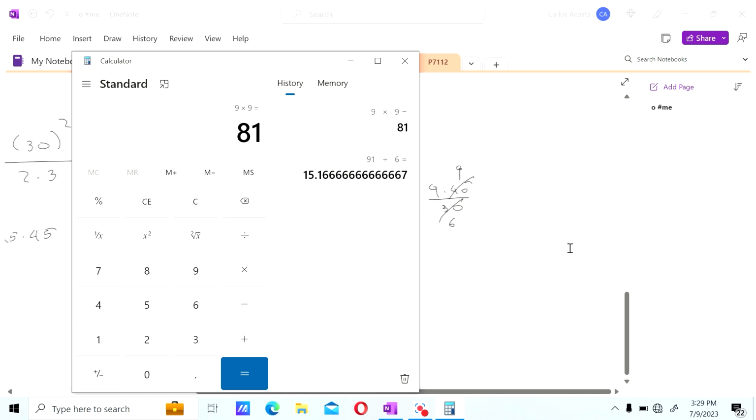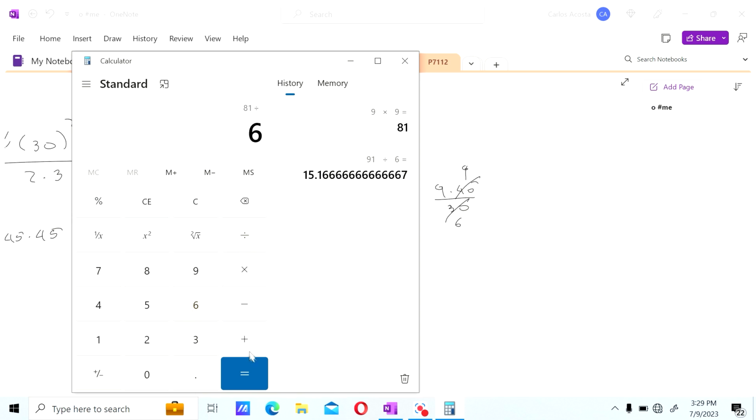And then divided by 6, 13.5. I guess it must be 13.5. But that's way larger than I was expecting. Much larger.